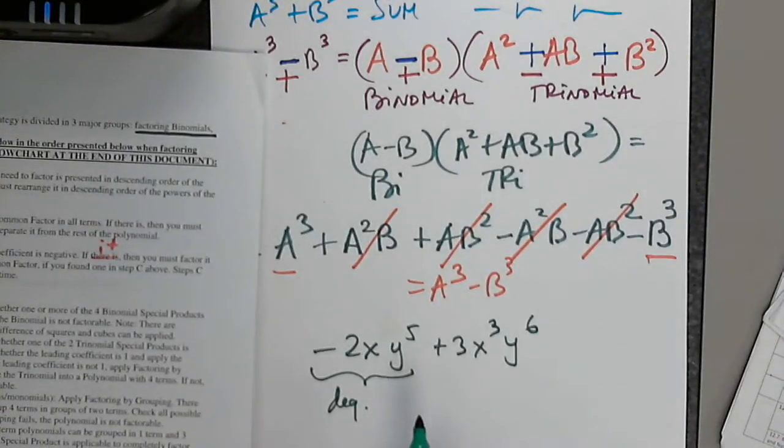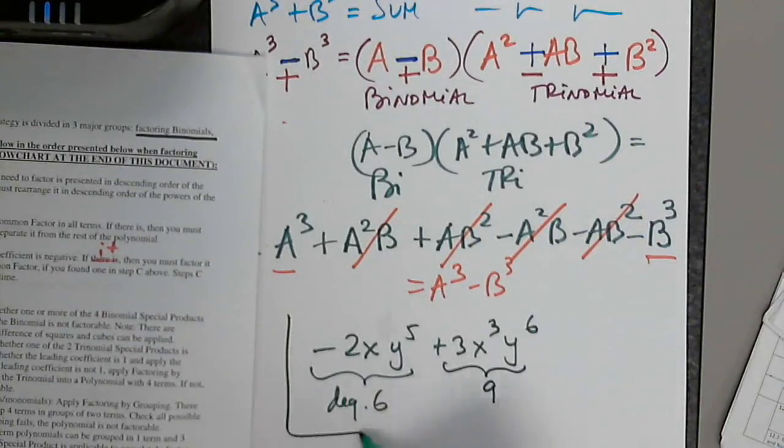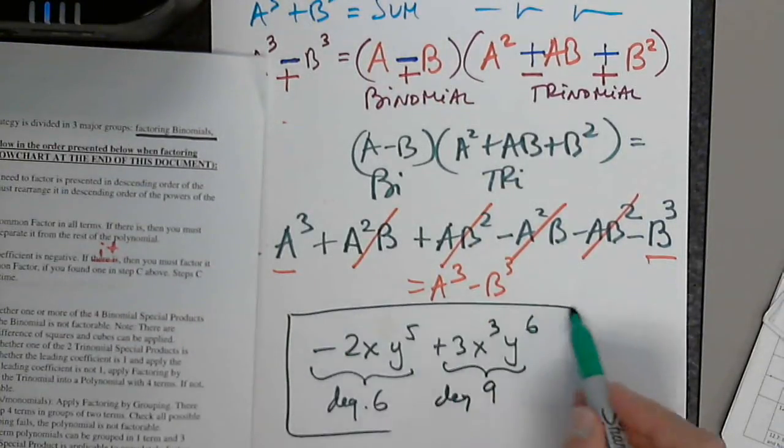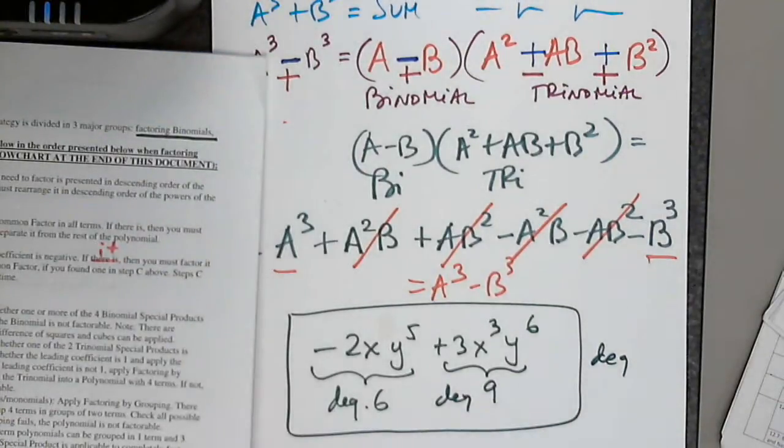So what will be the degree of this monomial then? Perfect. What will be the degree of this monomial? Yes. What is the degree? So what is the degree of the entire polynomial? I cannot add them. I can only choose the largest.